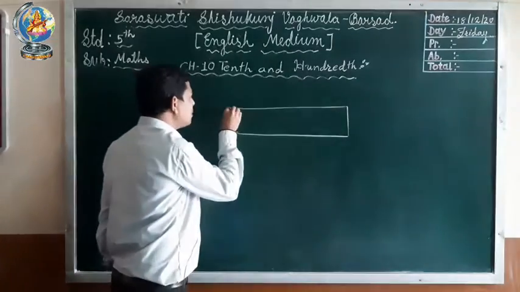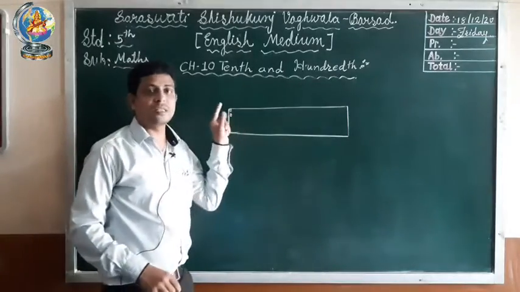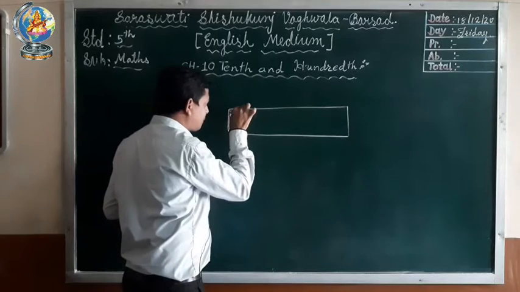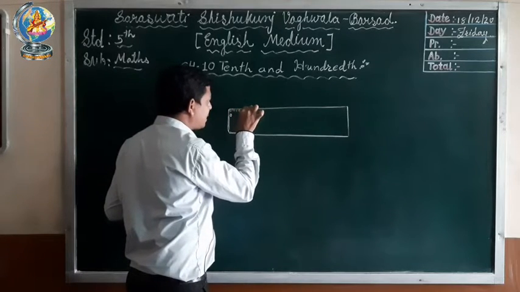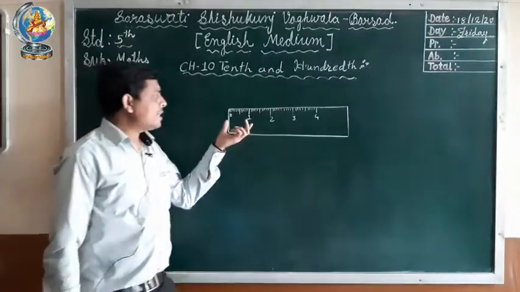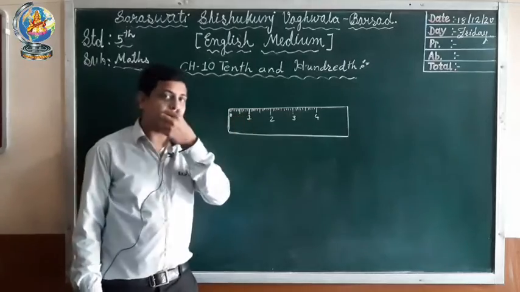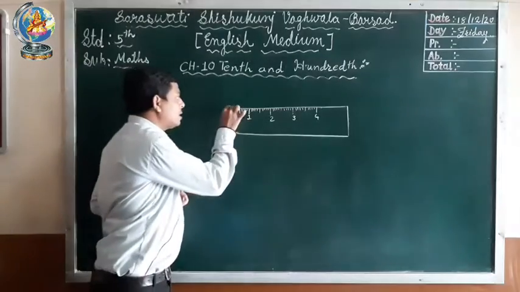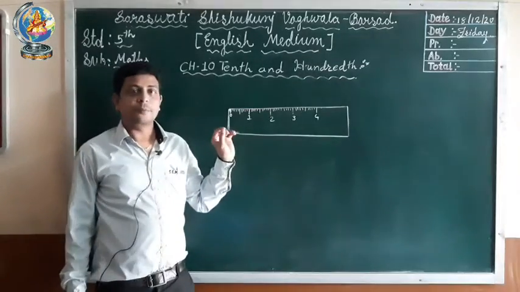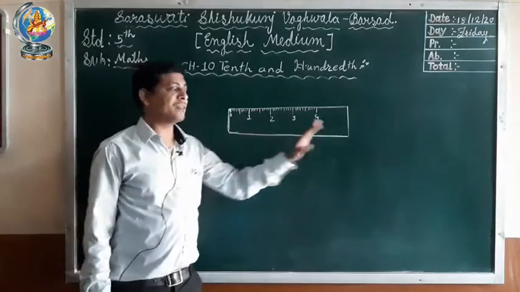And if you observe, the scale begins with 0. Then 1, 2, 3, 4, 5, 6, 7, 8, 9, and 10. Then 1 centimeter. Like this mark, you can see small lines and big lines on your scale. If you are using a geometry box, then you have 0 to 15 centimeter.